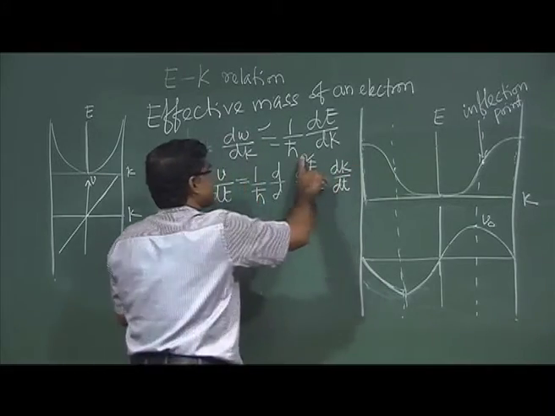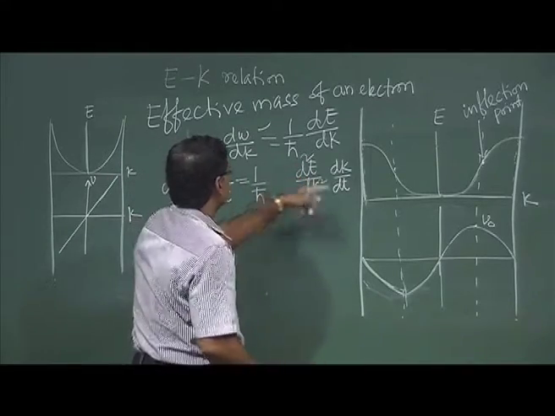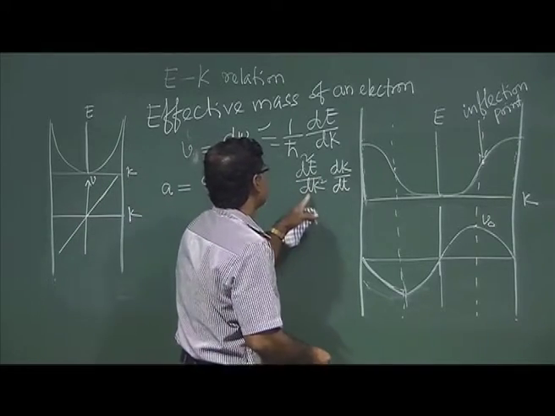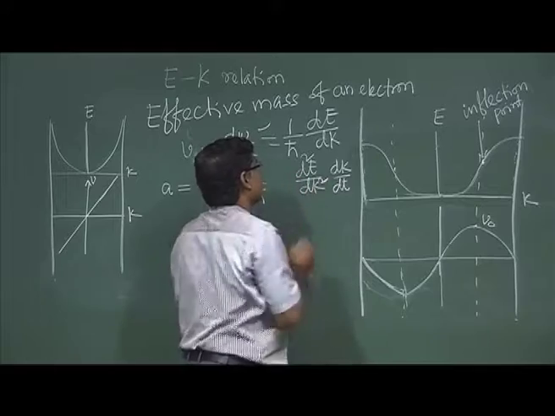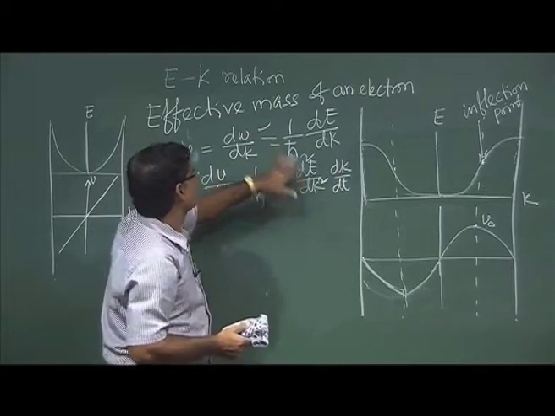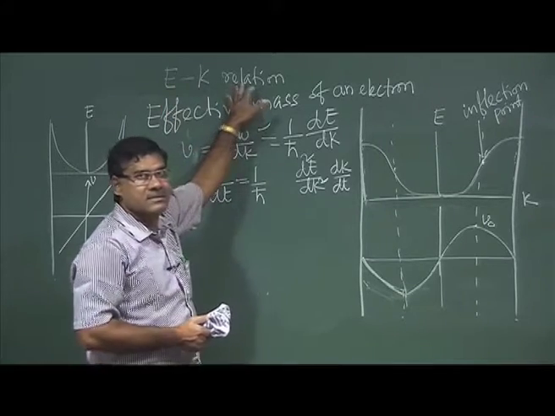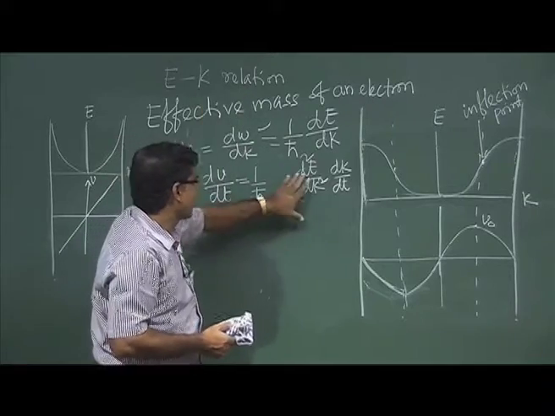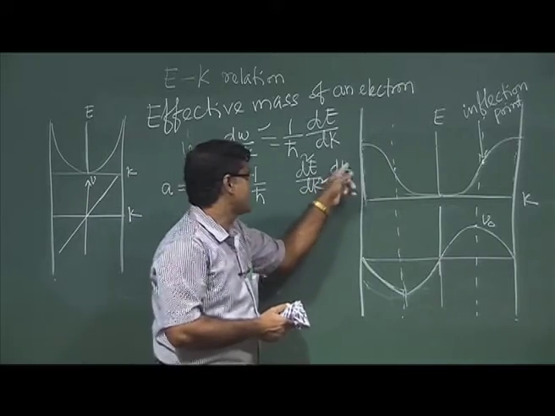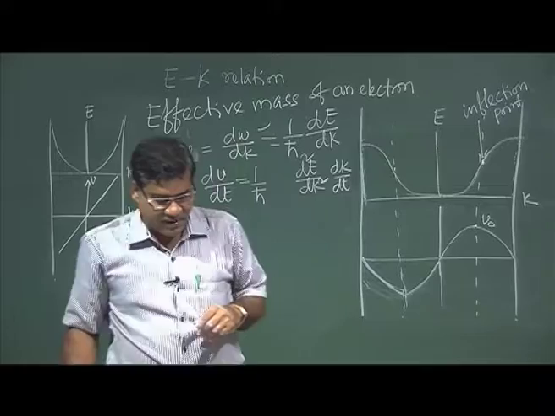So, this is with respect to dk. So, acceleration is 1 by h cross d2E by dk square times dk by dt. When the E-k relation is known, we can find d2E by dk square. But what is this dk by dt?